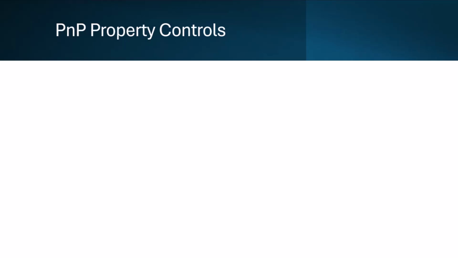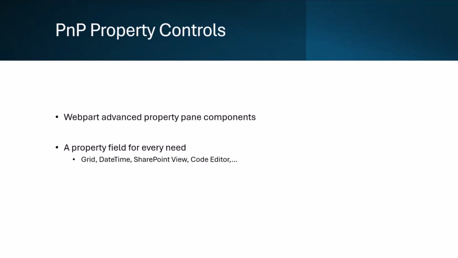Then we have the PnP property controls. Like I explained, it's a set of advanced property pane components, which is dedicated to web part management. There is a property field for almost every need. We have property fields for grid, datetime, SharePoint view, code editor, Monaco editor.